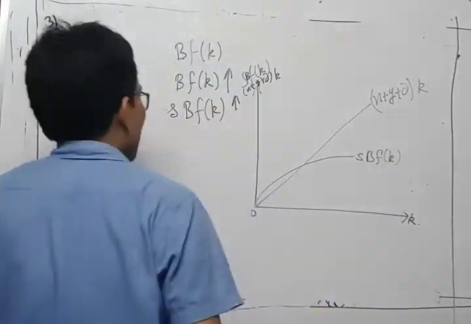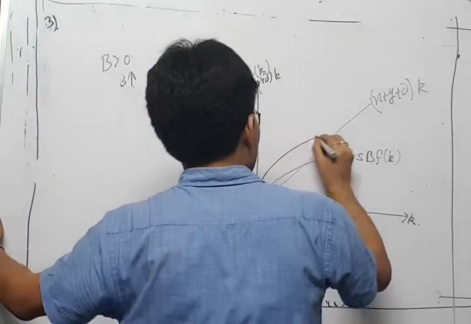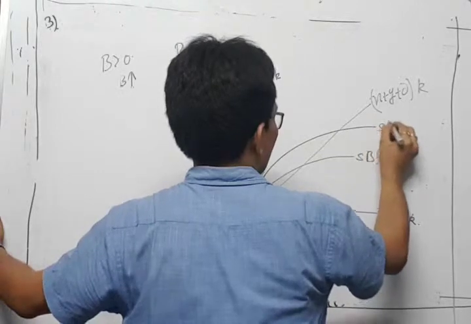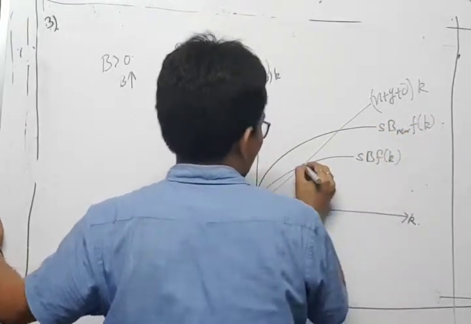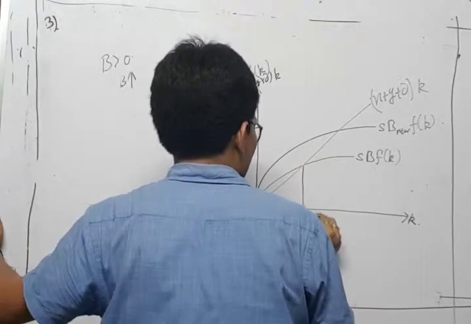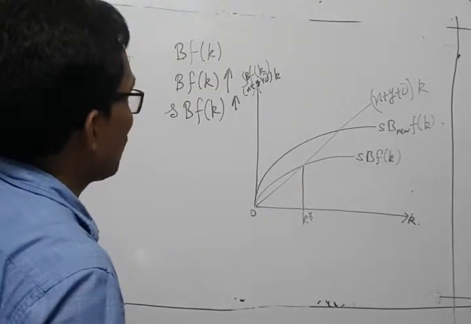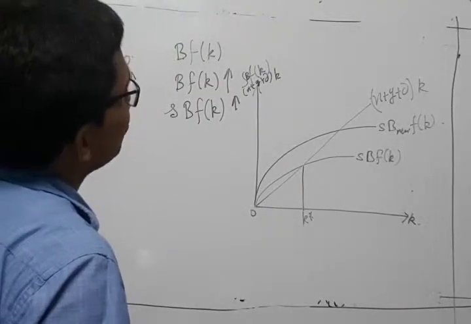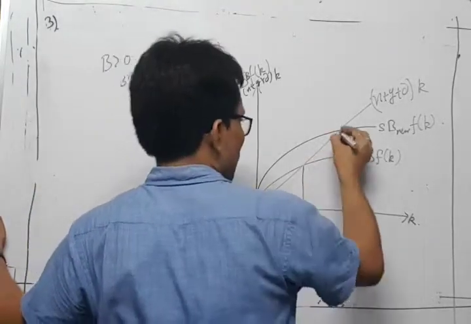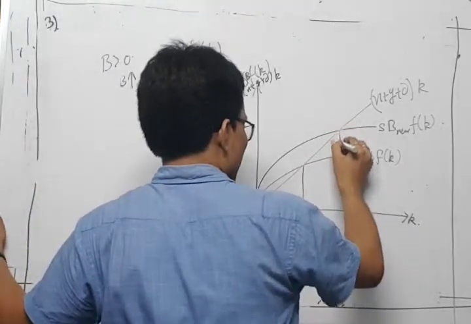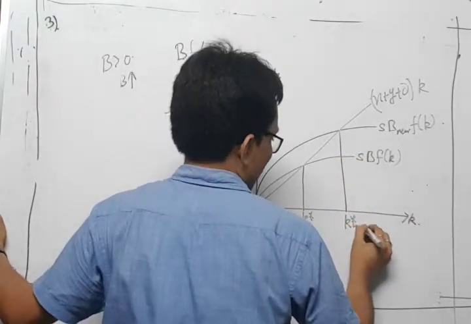Now following an increase in b, the investment line shifts outward like this, and it now becomes s of b nu of f of k. Initially the optimal level of small k was k star. Now following an increase in worker effort and hence a rise in b, the investment line shifts outward and intersects the break-even investment line at a new level of small k, which is given by k star nu.